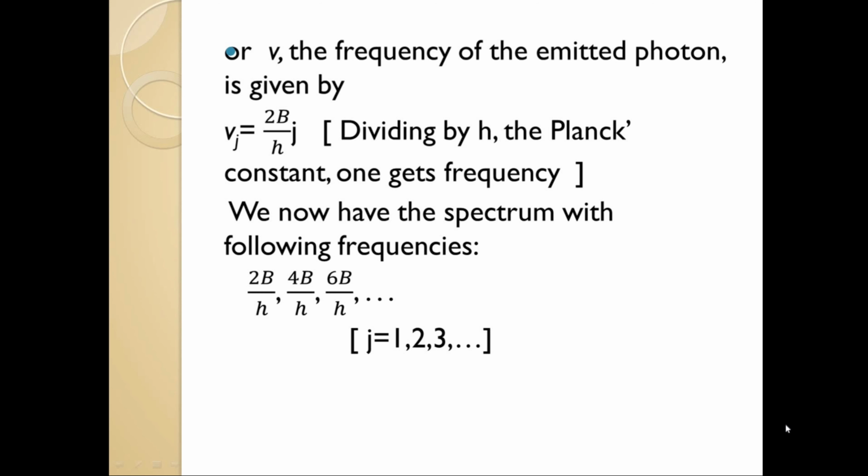So division of 2B by h gives us the frequency. But if we want to plot or observe the spectral line in terms of wave number, which is the general convention, then in that case we have to divide 2B by hc.